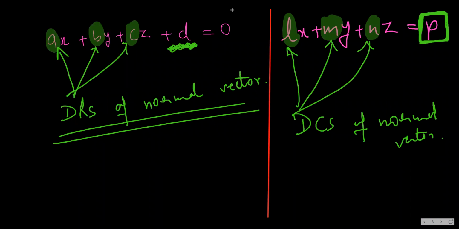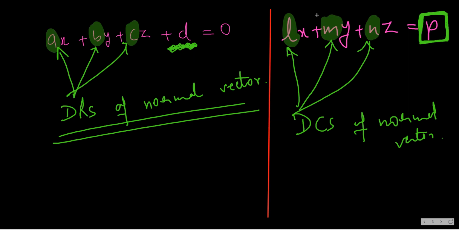Okay, what did I say? Once again, I have ax plus by plus cz plus d equals 0. When I notice the coefficients of x, y, and z are not DCs, they are DRs, then the constant number which I have will not be the perpendicular distance of the plane from the origin.